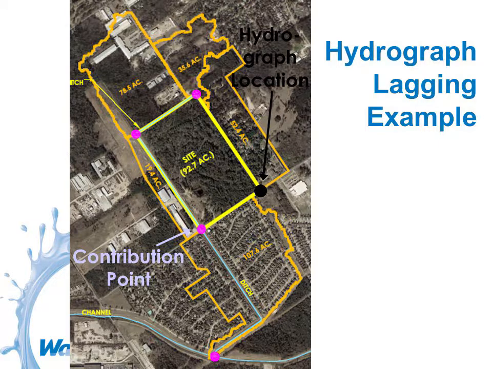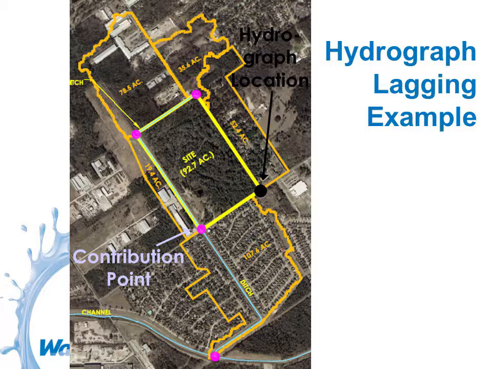If we look at a lagging example, we've got a 93-acre site with the hydrograph contributing at a point on the south, basically southern corner. And then that hydrograph needs to get routed to the pink node within the drainage channel.